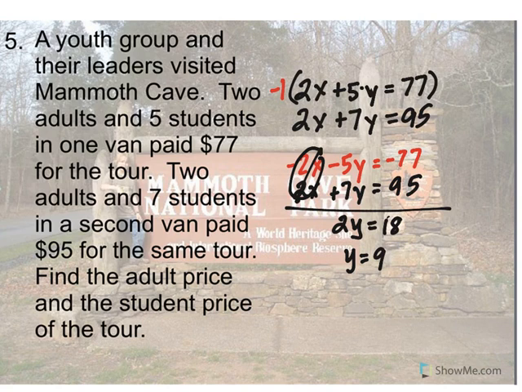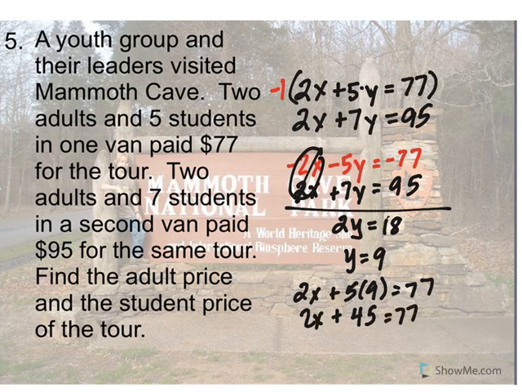To figure out the cost of an adult, pick one of the 2 equations. Plug in the y, so that's 2x plus 5 times 9 equals 77. 5 times 9 is 45, so 2x plus 45 equals 77. 2x equals, if I subtract 45 from both sides, that is 32.